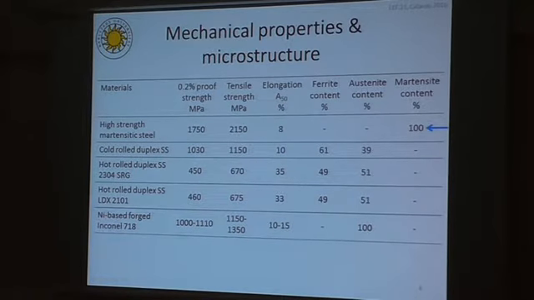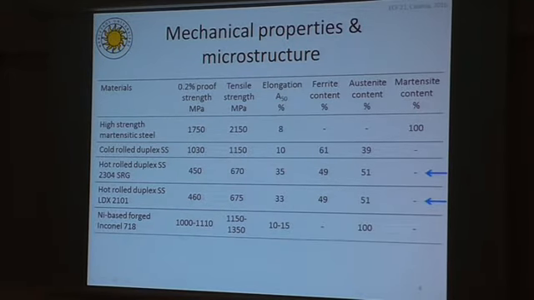In the same way, the microstructure and the mechanical properties have a good variation among the tested materials. The high strength martensitic steel is 100% martensitic material. The cold rolled duplex stainless steel grade contained 60% austenite and 40% ferrite.